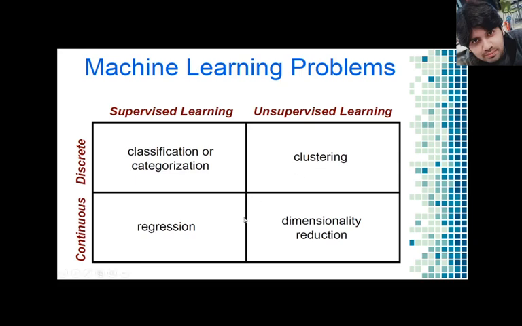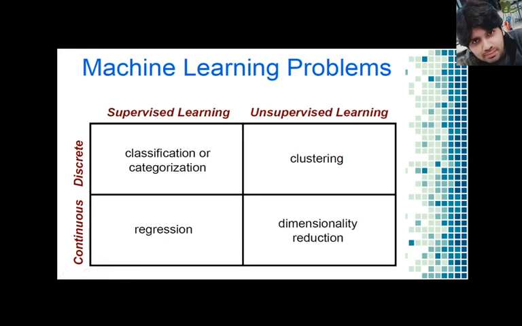And similarly for unsupervised learning, the combination of unsupervised learning with continuous data can be referred to as dimensionality reduction, which we will discuss not in detail but in an abstract manner.